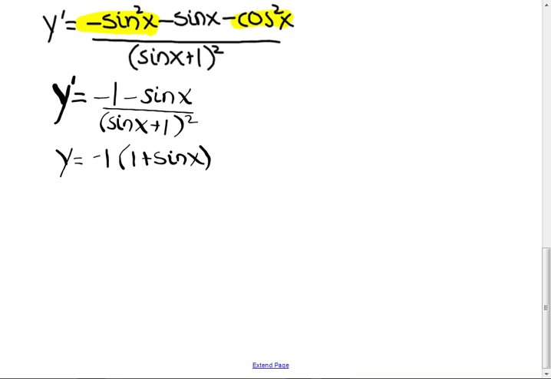And the denominator is the sine of x plus 1 times the sine of x plus 1. That's right, sine of x plus 1 squared. So 1 cancels out. Now I see, because I've done so many of these, that I can look ahead.